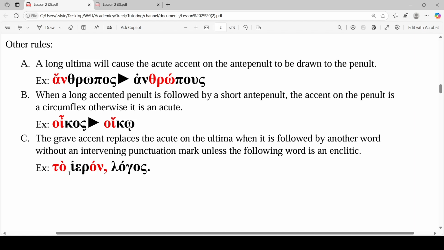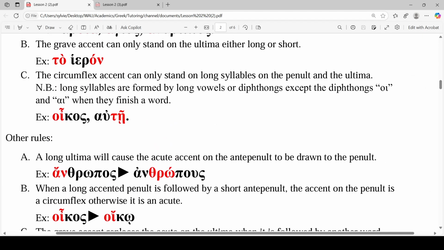So the acute accent of to becomes a grave accent. And that's mainly the function of the grave accent. The grave accent replaces the acute accent in this specific case. But once there is a punctuation mark between the two words, the acute accent on the ultima will stay an acute accent. The other case will be when it is followed by an enclitic, but we will see that later in our series.